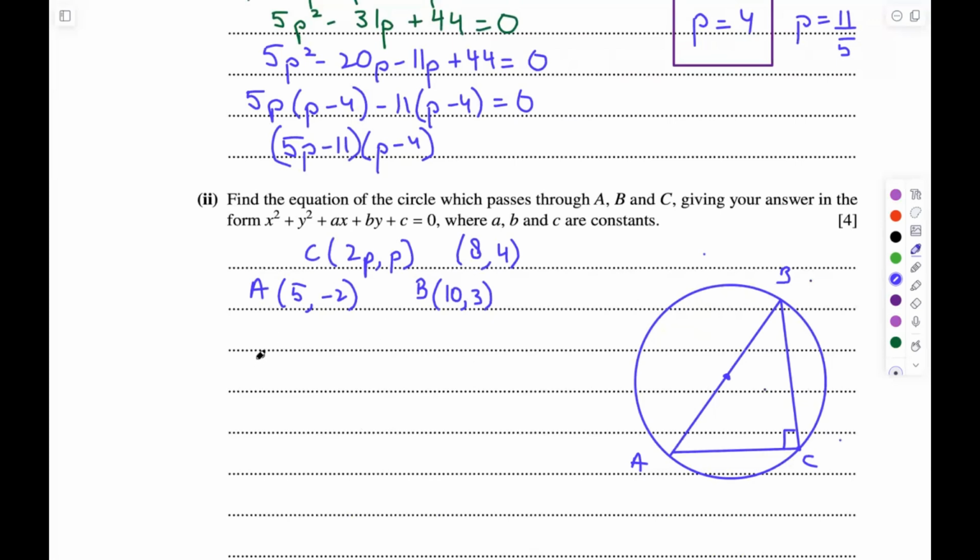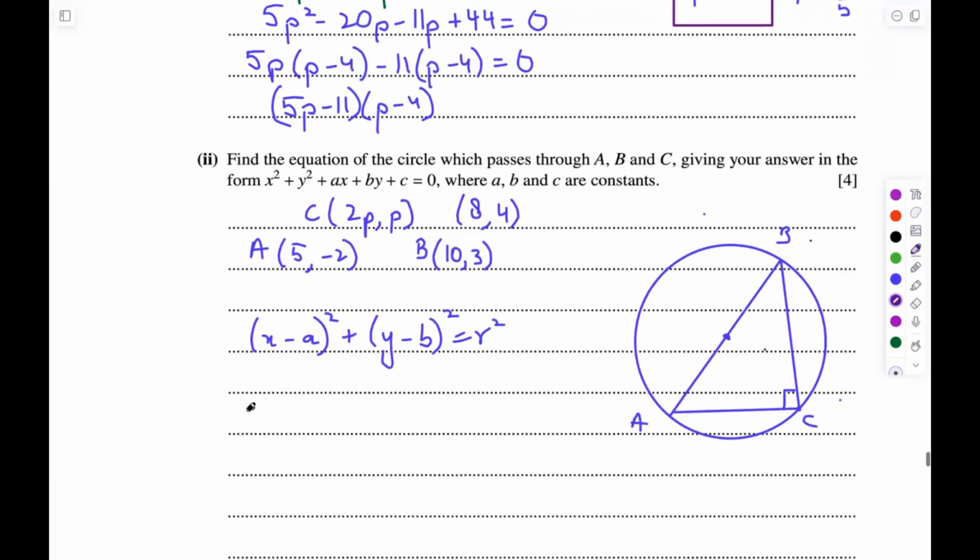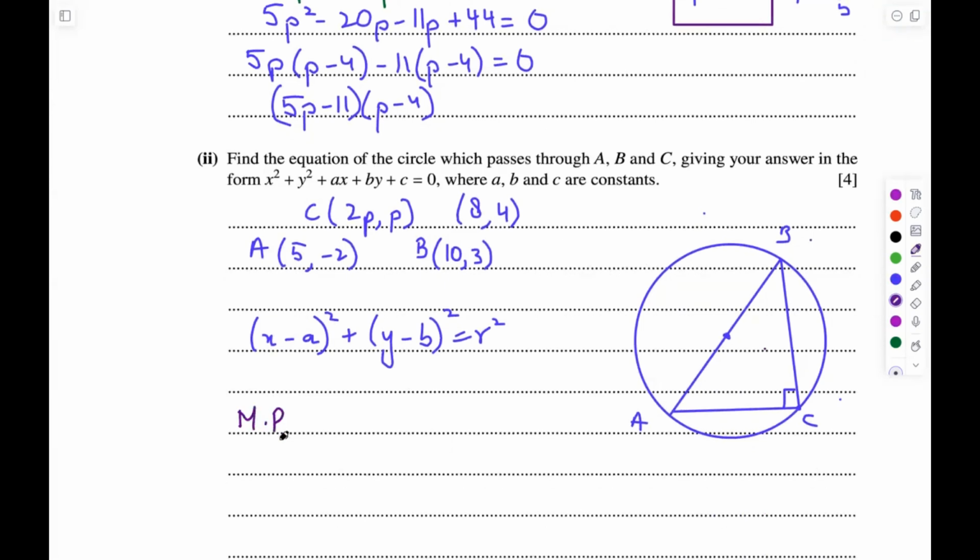So the general form for the equation of a circle is x minus a whole squared plus y minus b whole squared equals r squared. We can first find the coordinates a and b, which are the coordinates of the center of the circle, by finding the midpoint of AB. The midpoint of AB will be x1 plus x2 upon 2 comma y1 plus y2 upon 2.